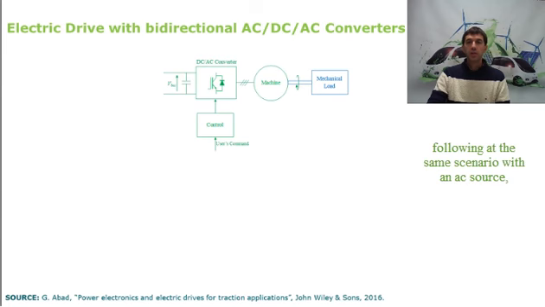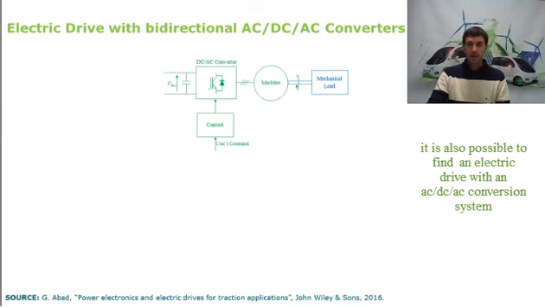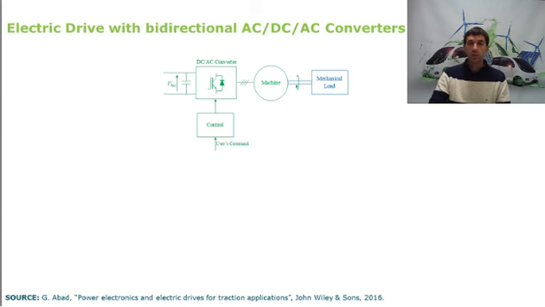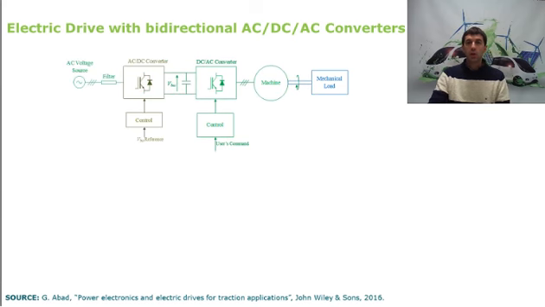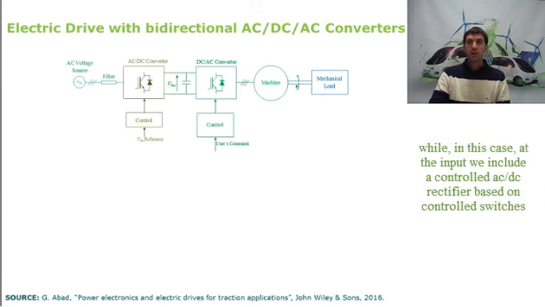Following with the same scenario with an AC source, it is also possible to find an electric drive with an AC-DC-AC conversion system. In this case again, we have the typical DC-AC converter supplying the machine and load. While in this case, at the input we include a controlled AC-DC rectifier based on controlled switches.